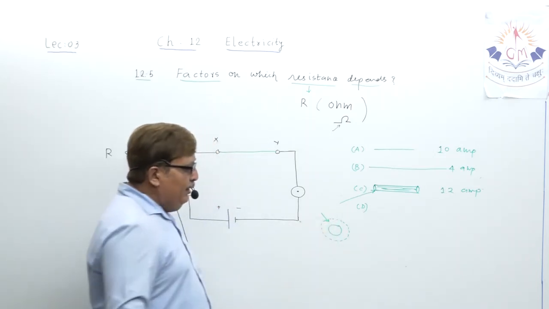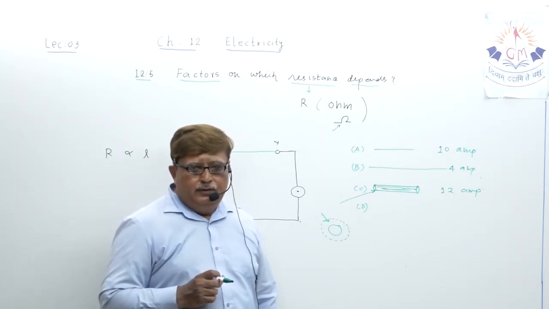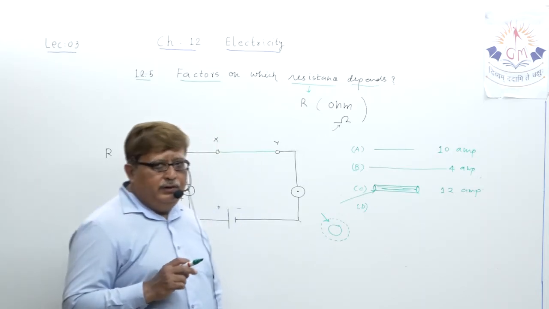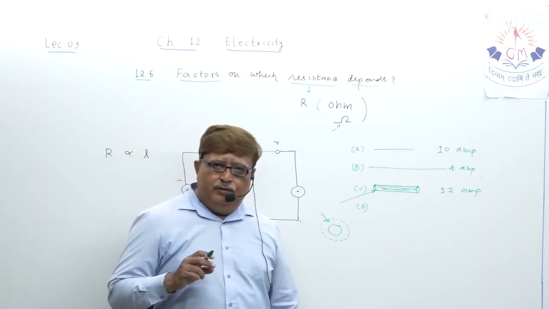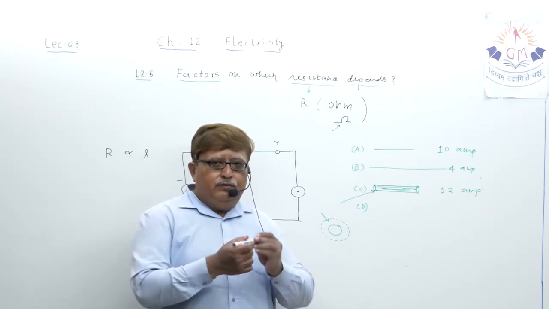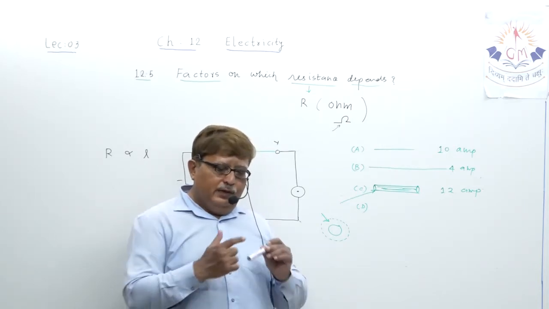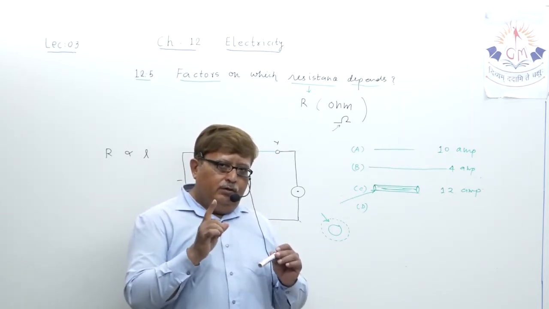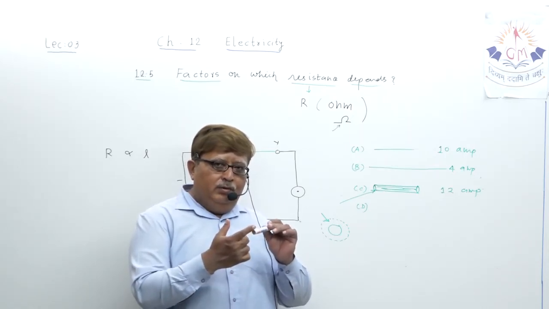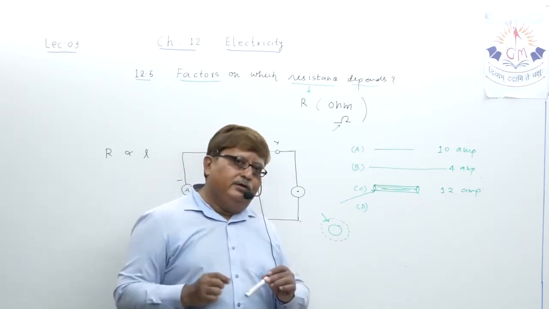So indirectly, when you are trying to say that we are increasing the thickness of the conductor, indirectly you are saying that you are increasing the cross section area of the conductor. And when you increase the cross section area of the conductor, amount of current increases, that means resistance decreases.